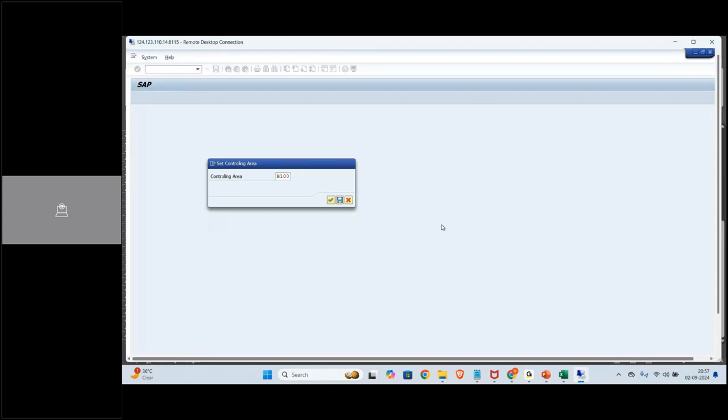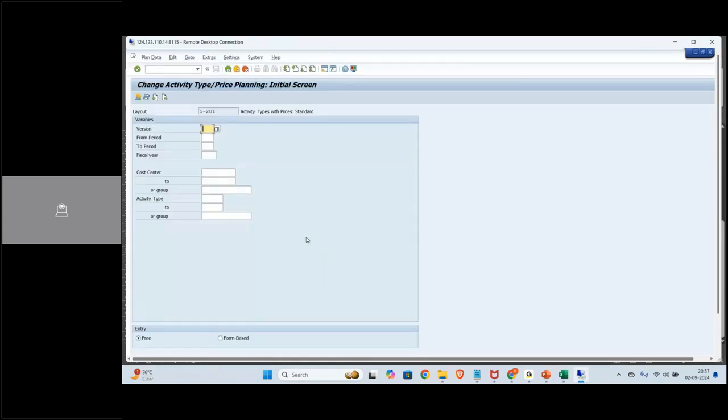Okay. So in controlling area, I will give version 0, KP26, period 1, fiscal year 2024, or else I'll give 1 to 12.